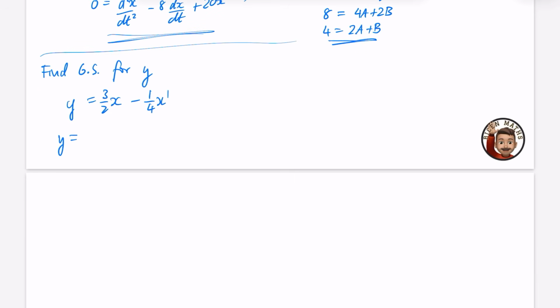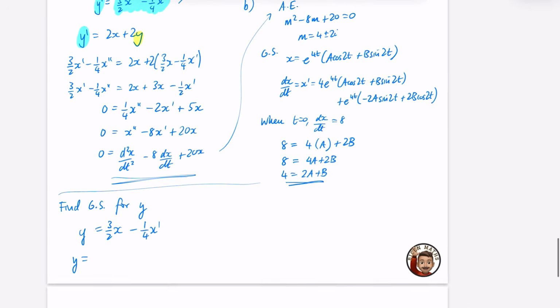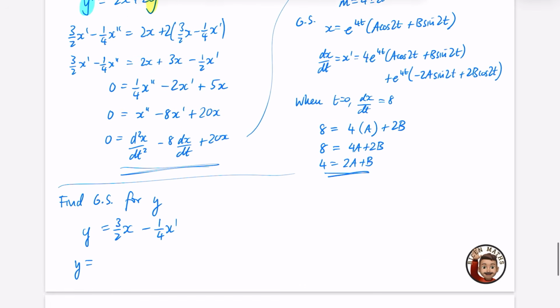Now this is the part that's going to be an awful lot of stuff to write down. I'm going to try and keep as much of this visible on the page as possible. This is x that I'm talking about that's going to get substituted in here. So it is going to be 3 over 2 e to the 4t (a cos 2t plus b sine 2t), and then I'm going to be doing minus a quarter of x dash, minus a quarter of this expression.